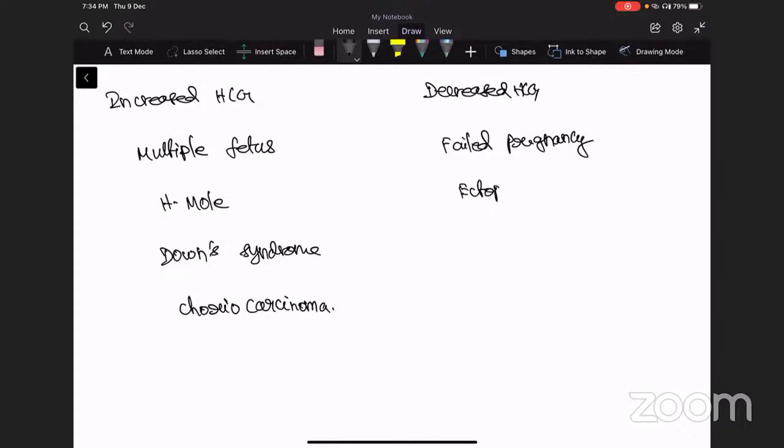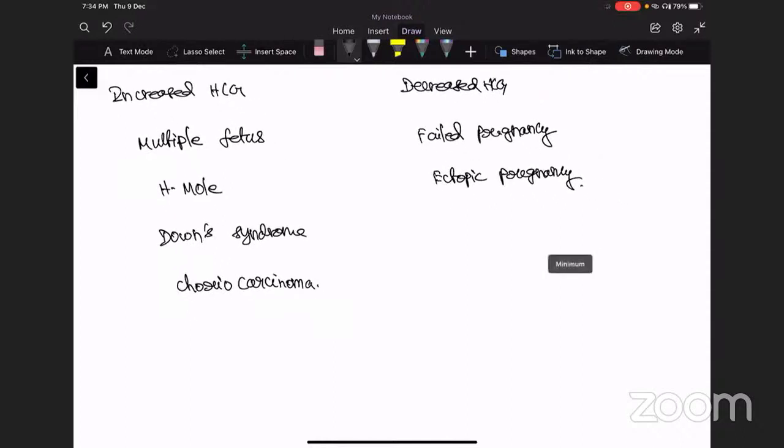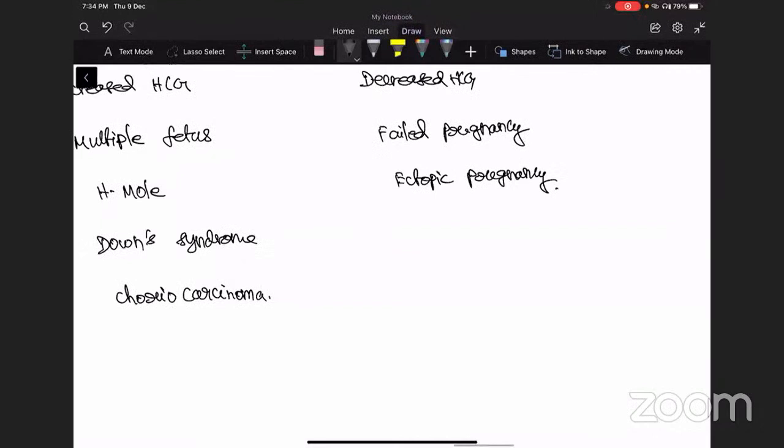In ectopic pregnancy, in case of impending spontaneous abortion.